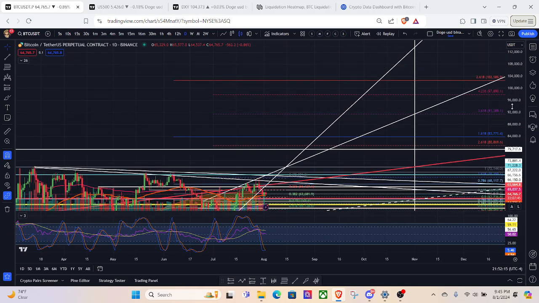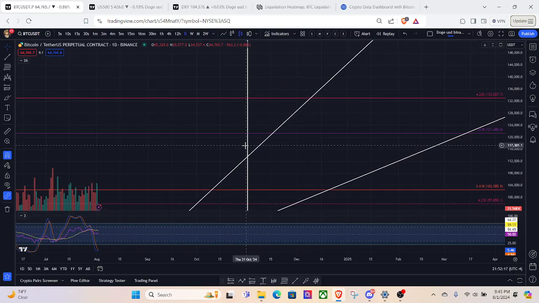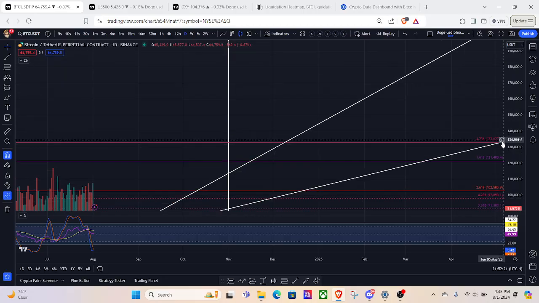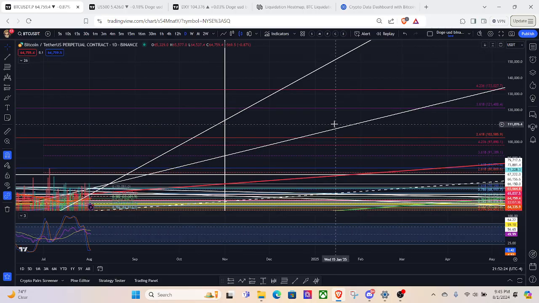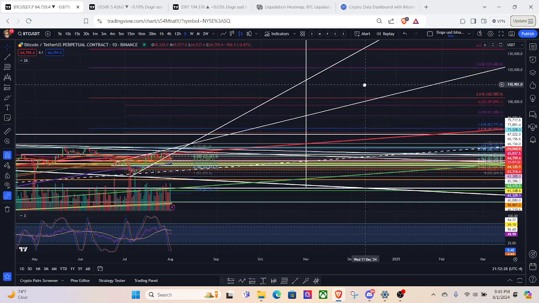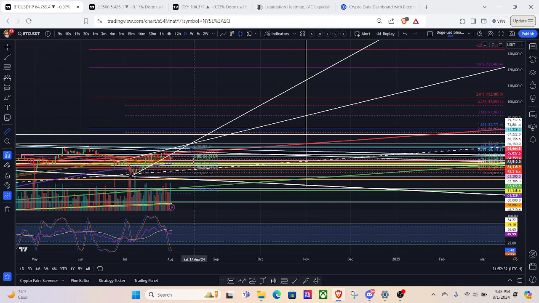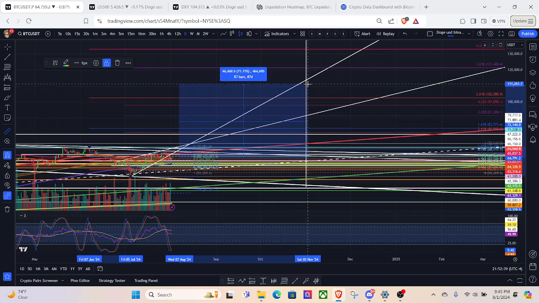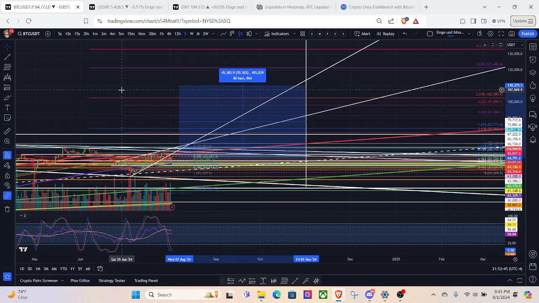I think closer to 110, 115 maybe, but 150, I'd say another year after that or something like that, because I can't just see us moving straight up like that. Those are big numbers, and that's like 100% from all-time high.